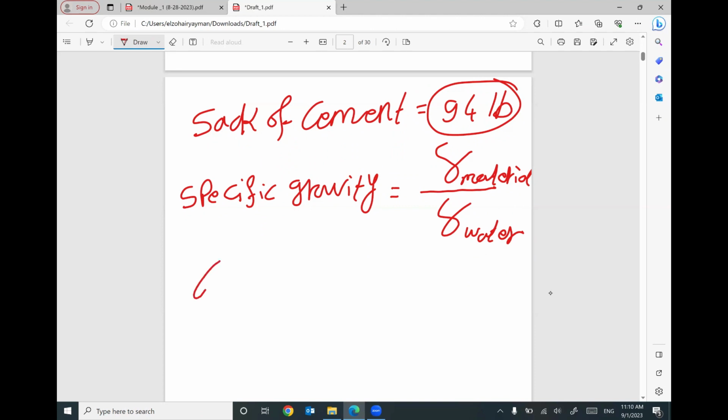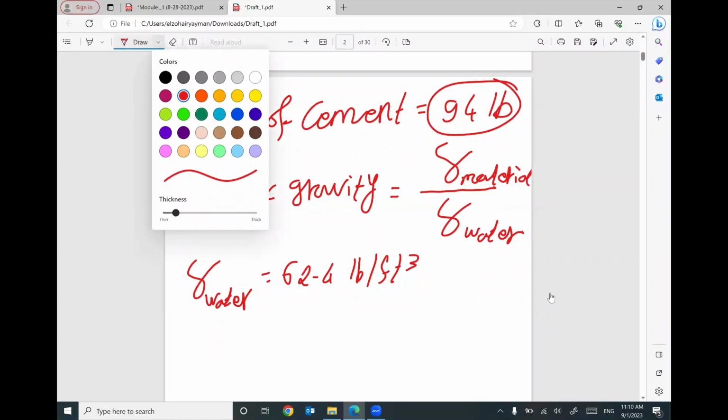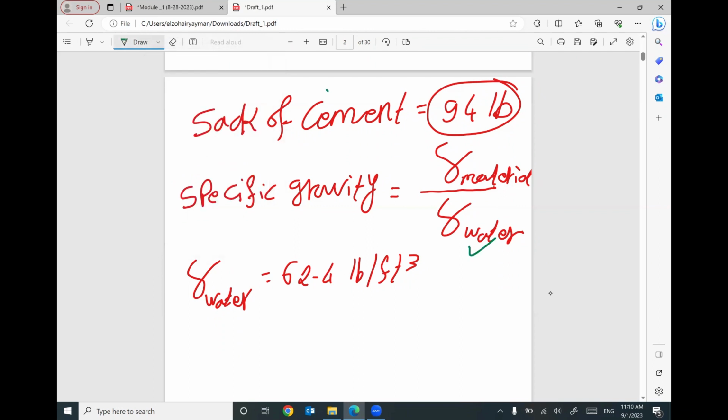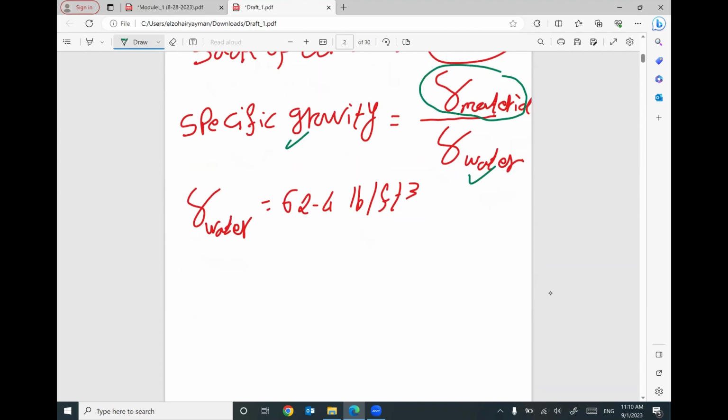So keep in your mind gamma water equals 62.4 pound per cubic feet. So the gamma water is known. It's a famous material, water. If you know the specific gravity for any other material, I can figure out the gamma of this material. Keep in your mind this gamma, which is called unit weight, equals weight divided by volume.